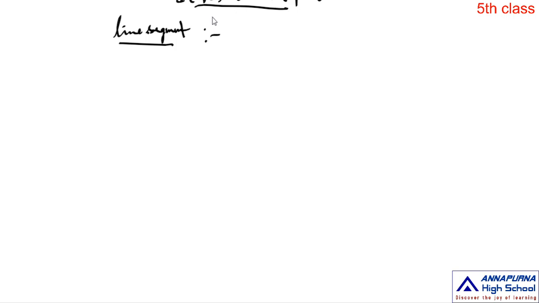Line means it has no endpoints, whereas the line segment means, so this is the line L, let it be line L. So mark 2 points on line L, A and B. Say A and B are the 2 points on the line.